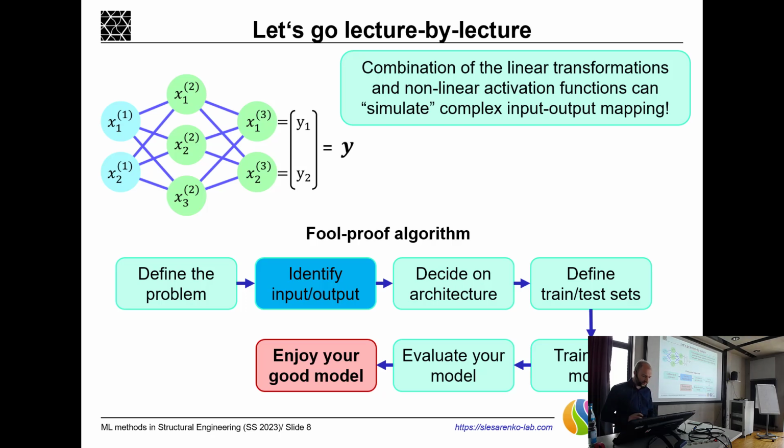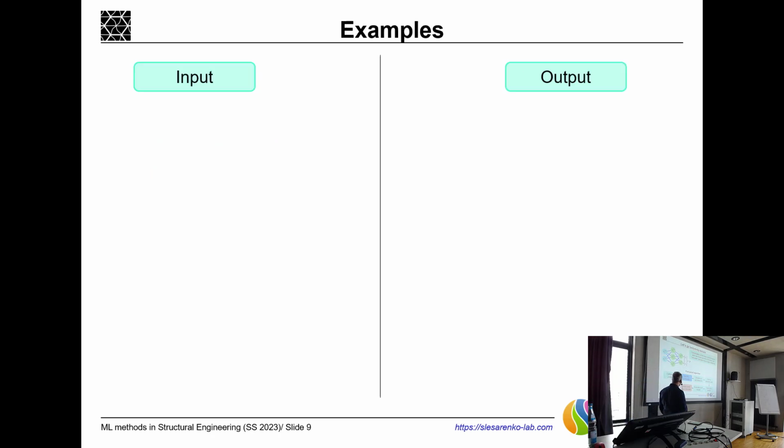So we will start with this particular step, identify input and output. In here, let's work together a little bit, and I would like to hear some examples of what we can use as input and what we can use as output, and for what particular problem we can do that. So any ideas what we can use for input?